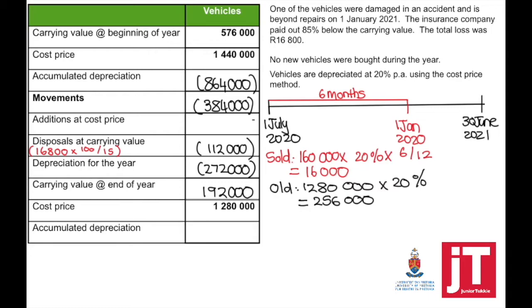Once we've calculated that, we can calculate the carrying value at the end by taking the carrying value in the beginning minus the movement equals the carrying value at the end. Very important to always know the steps in your tangible asset note.